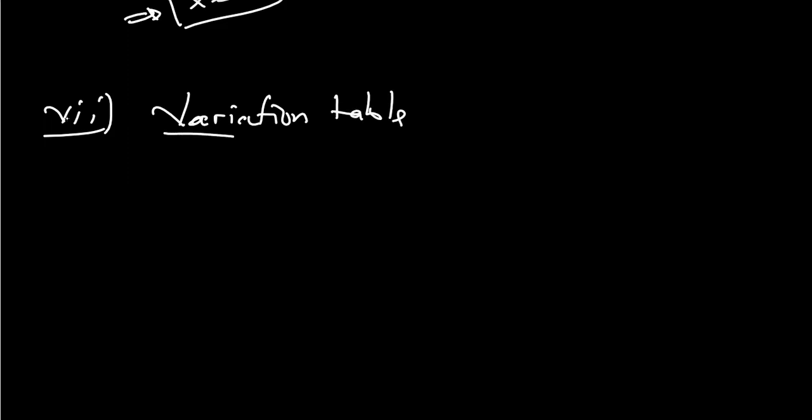Now, to construct the variation table, we are going to take into consideration the domain, some asymptotes, and some critical points like turning points or stationary points. So I'm going to draw a table.